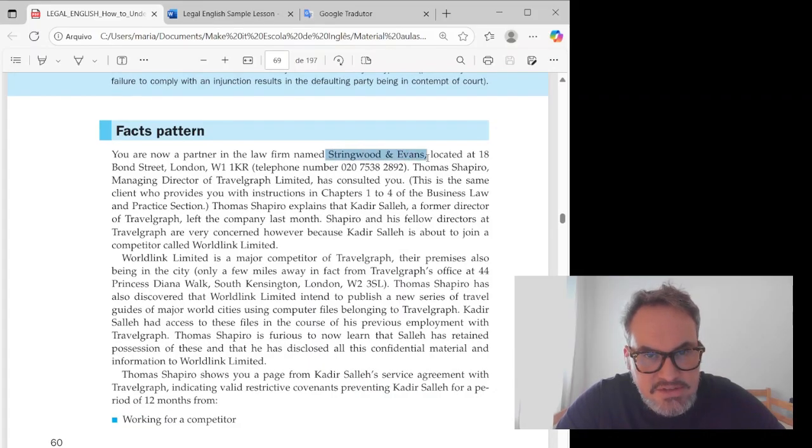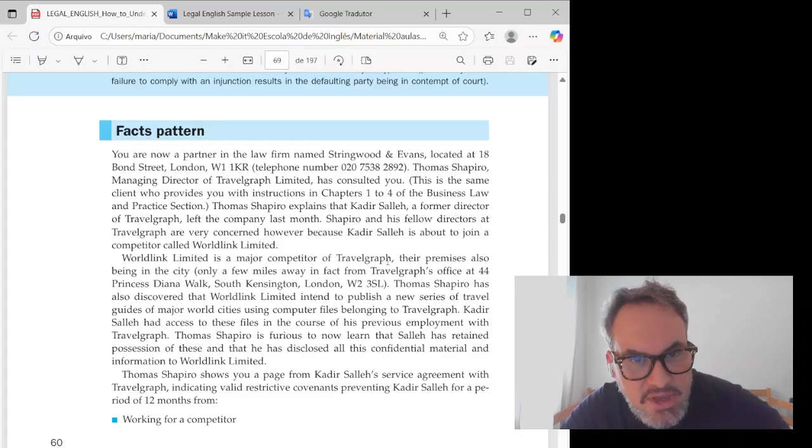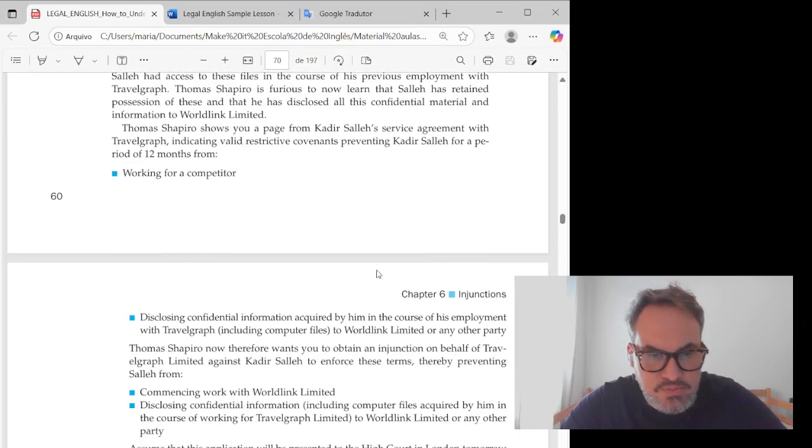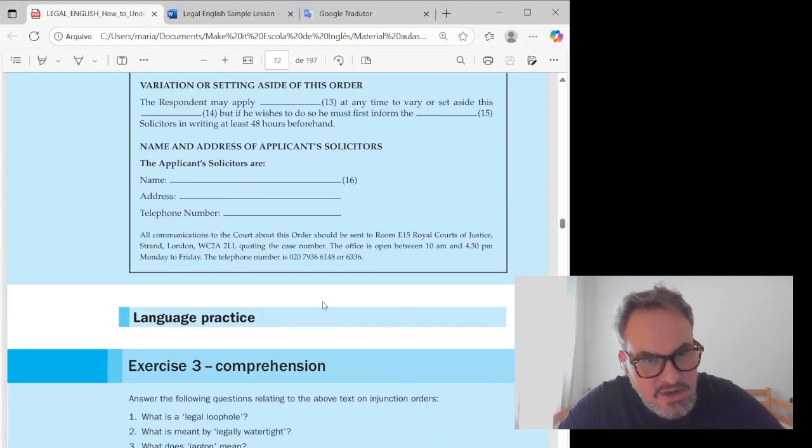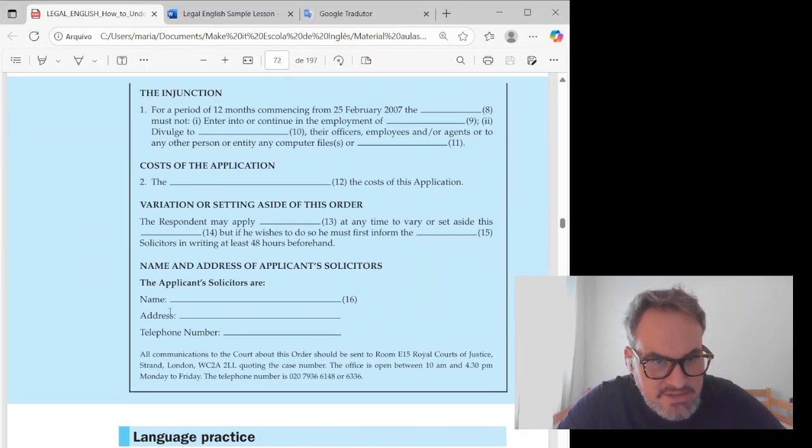Stringwood and Evans. And the address is 18 Bond Street, London, W1 1KR. Telephone number 02075382892. So you're going to put the number, the name of the office, and also the address here, okay, and the telephone number.